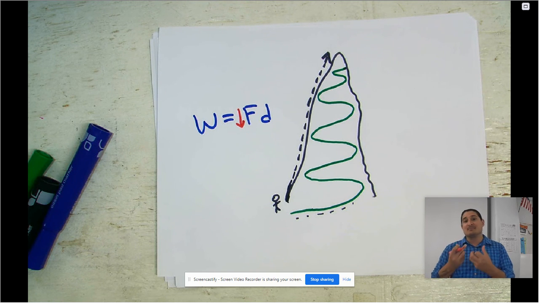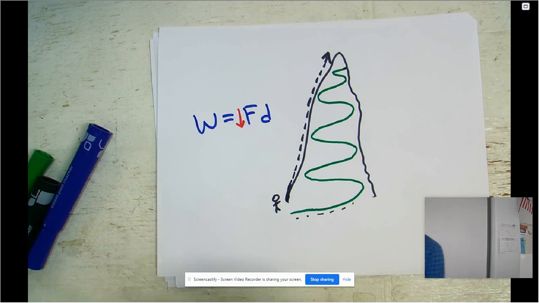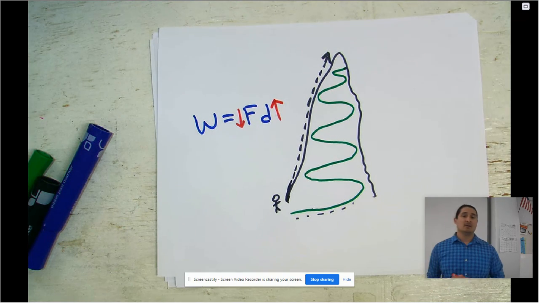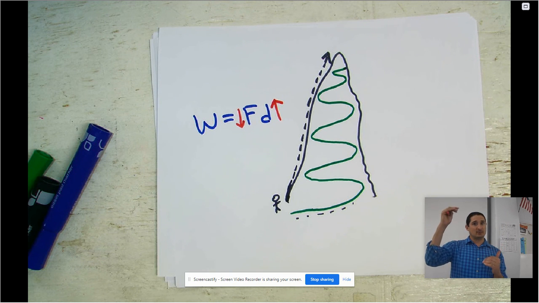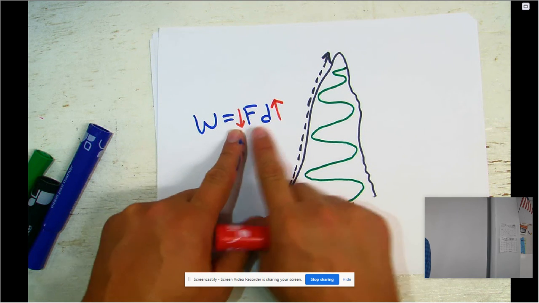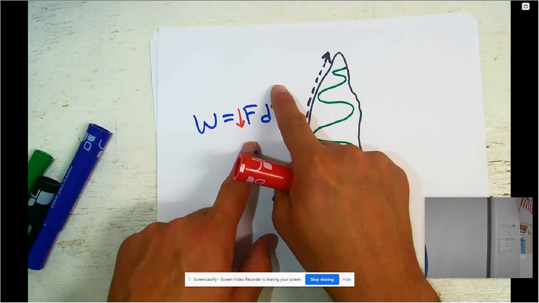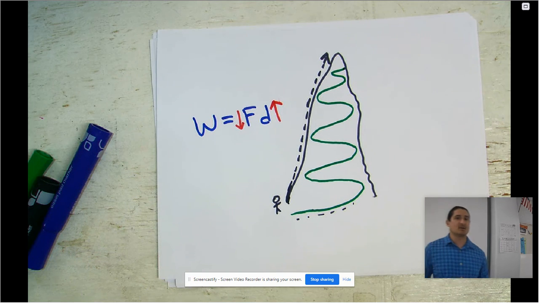We don't have to apply as much of a force. But what had to happen was that distance had to increase. So force may decrease and distance increases. That just has to happen. So because you're decreasing one, the other increases. So as force goes down, distance goes up. So that means work is going to stay the same.